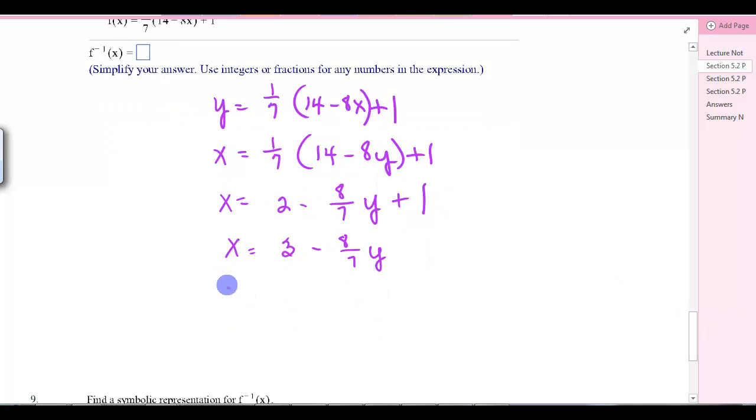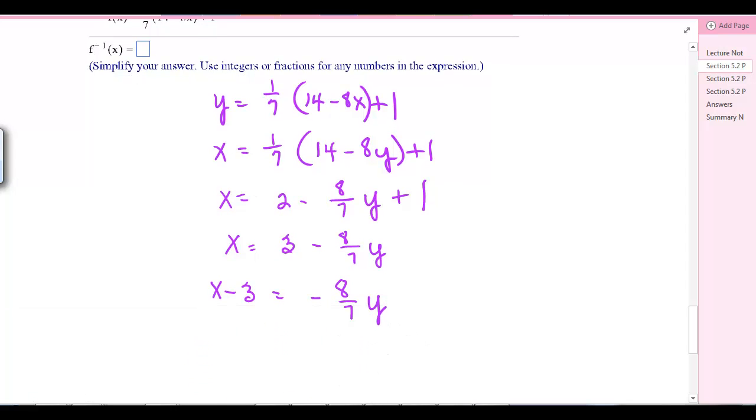We need to subtract the 3, so we have x minus 3 equals negative 8/7 y. And we need to divide both sides by negative 8/7, which means we are multiplying both sides by negative 7 over 8.